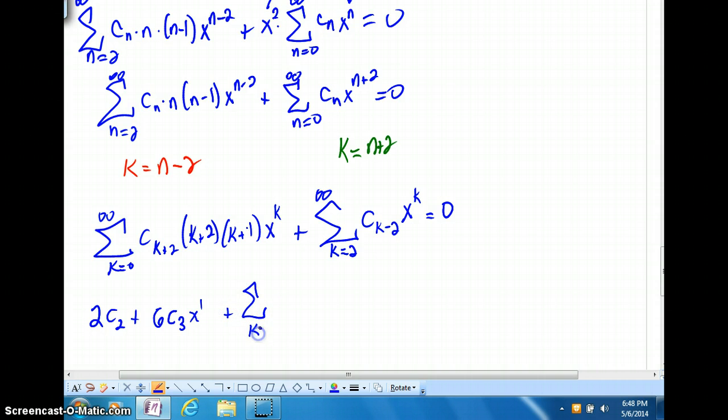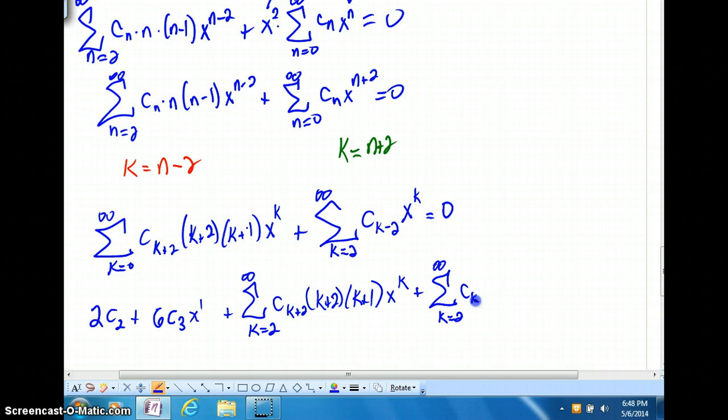Well, that's great now that I've plugged in k equals 0, k equals 1. At this point, I'm at k equals 2, and I'm going to leave off with that because now I've got two series, both with the same lower bound, both with x to the k written inside.